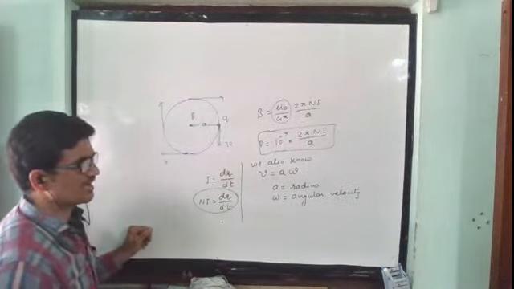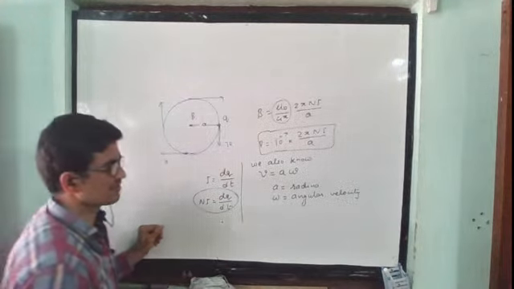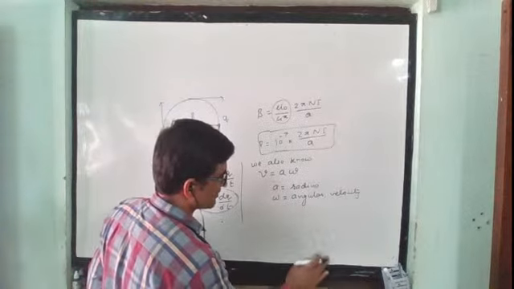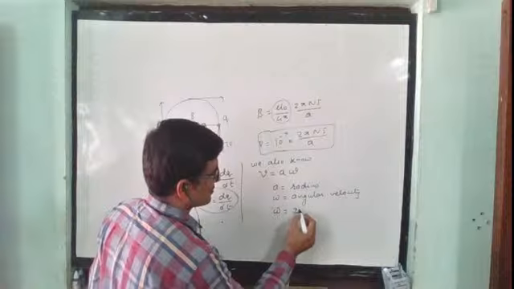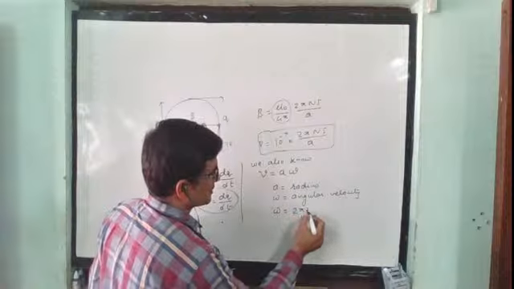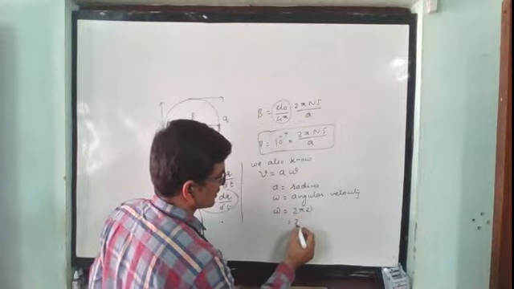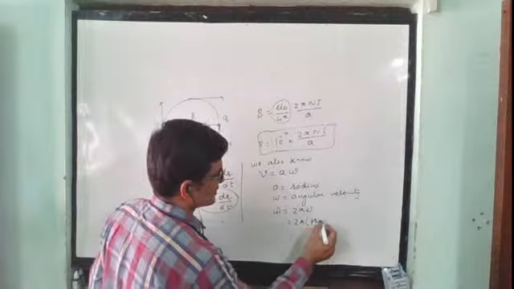So here the angular velocity is omega. You can write it in terms of frequency: omega is equal to 2 pi into nu, 2 pi into frequency.